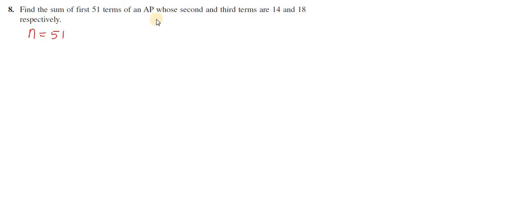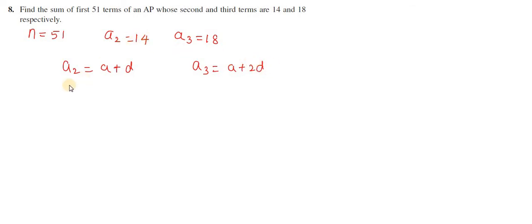Then the second term, that is a2, is equal to 14, and the third term a3 is equal to 18. Now how can you write a2? a2 is equal to a plus d, and a3 is equal to a plus 2d.